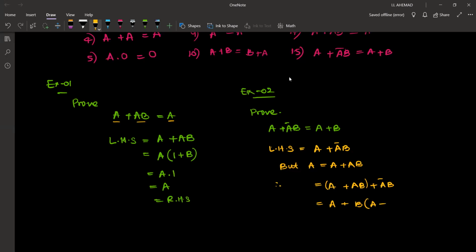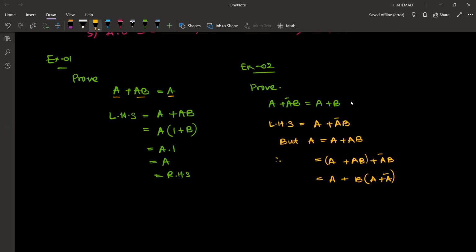So we get A plus B times A plus A bar. So what is A plus A bar equal to? Now, if one of them is 1, the other one will be 0. If A is 0, A bar will be 1. Therefore, anyhow, the output is going to become 1. So this is 1. And we get the answer as A plus B, which is equal to the right hand side. Okay, is that clear?